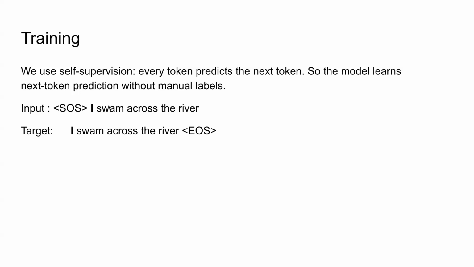We only input a start of token and "I swam across the", giving all the tokens before "river", and let it predict the "river" token. We also have some special tokens like start of token and end of token, to make the generation not iterate forever. Whenever it meets the end of token, it will just stop.